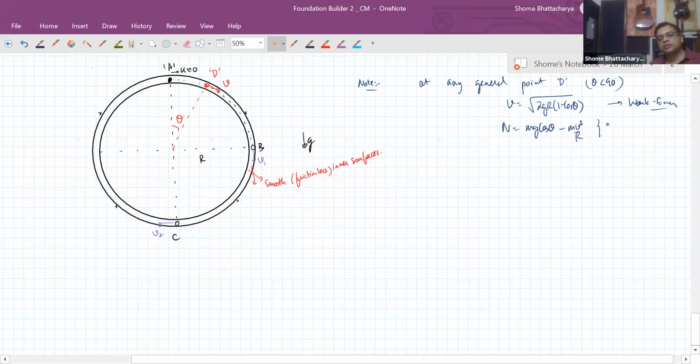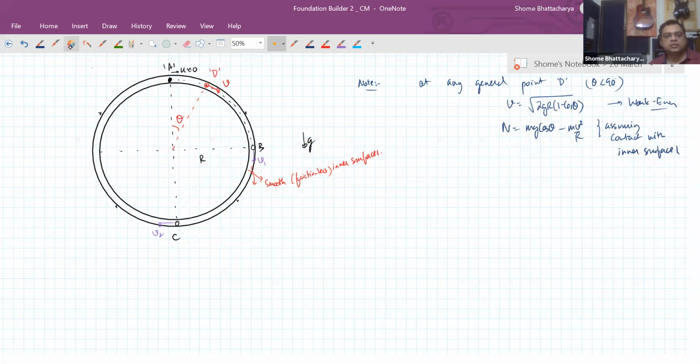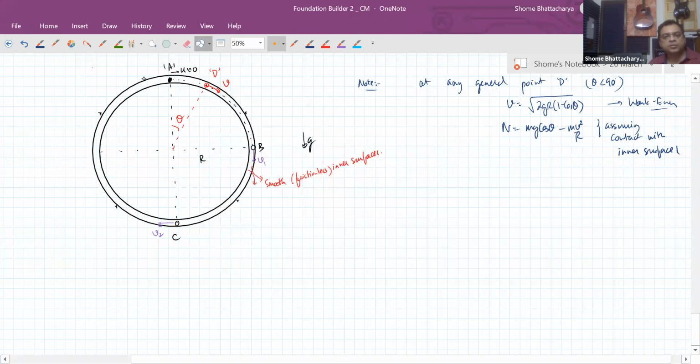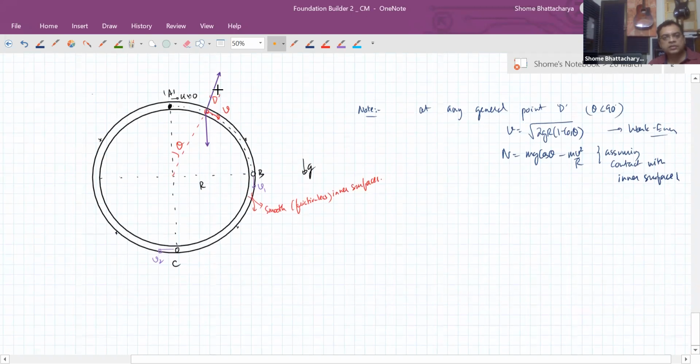Okay, assuming contact with the inner surface. That is, if we assume that at the point D, the particle is resting against the inner surface, so the inner surface is applying a contact force like this.